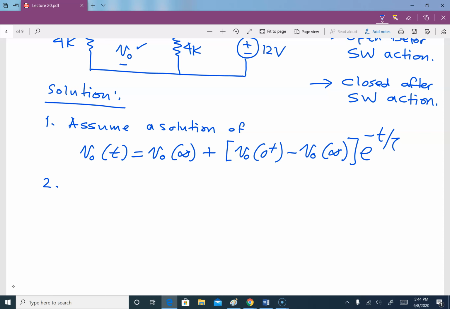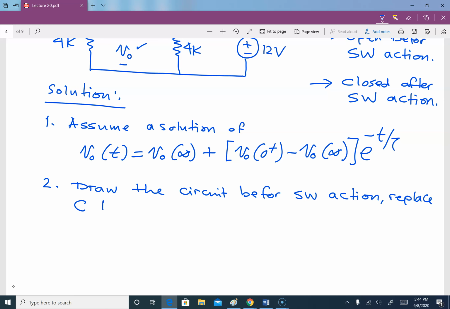The second step, we need to draw the circuit before switch action, replace C by open circuit, and then find VC of 0 minus.